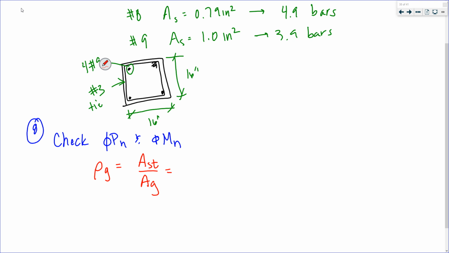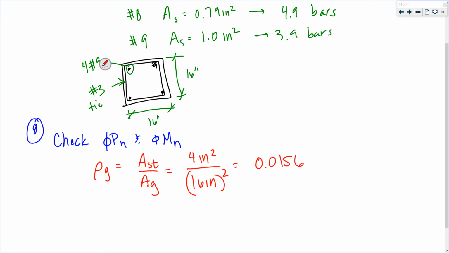So for number 9s, 4 inches squared over 16 inches squared. Our rho G is 4 divided by 16 squared, 0.0156.